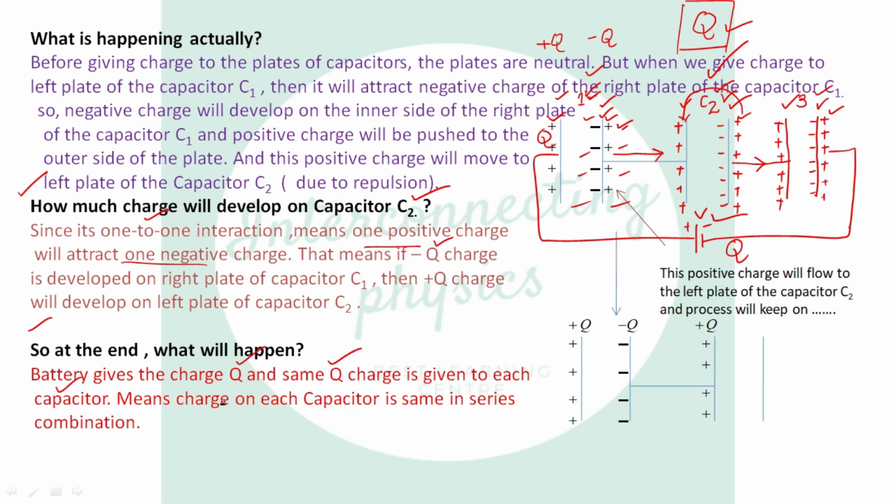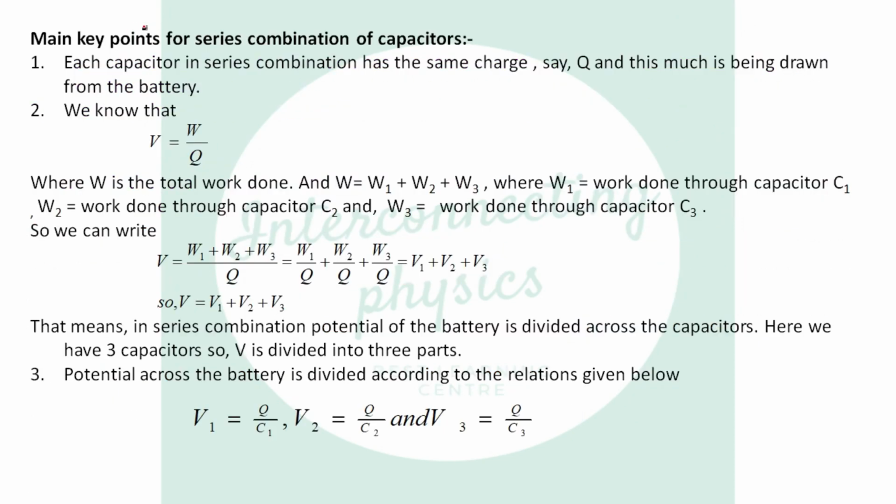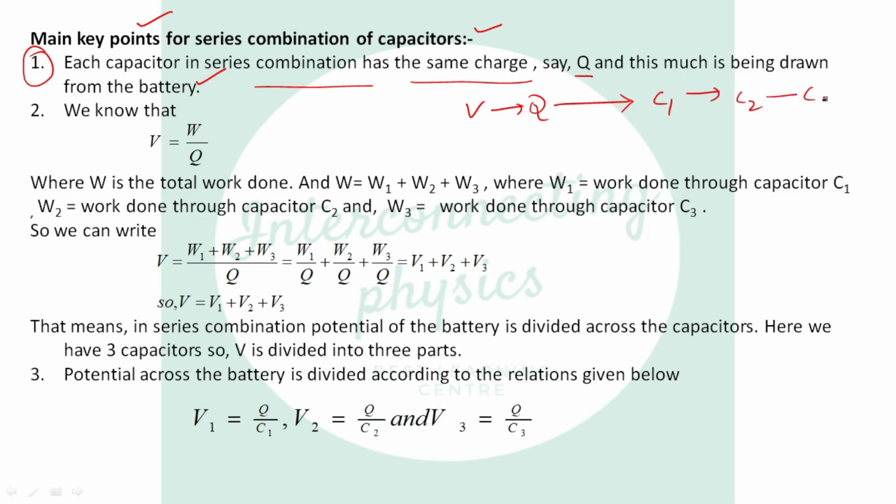So the main key point for the series combination of capacitors is: number 1, each capacitor in series combination has the same charge, say Q, and this much charge is drawn from the battery, because the battery has charge Q and the same charge is developed on each capacitor, whether C1, C2 or C3.